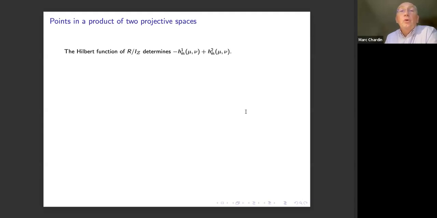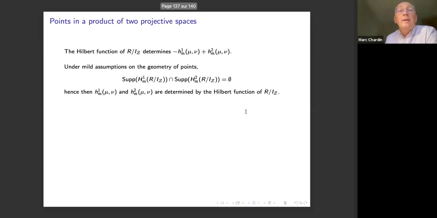So to conclude, this says that the Hilbert function of R mod Z determines this difference. Under my assumption, you know that these supports are distinct. So from the Hilbert function of R mod Z, you can compute H1M and H2M, and that's quite useful in practice, because you have simple access to the Hilbert function.